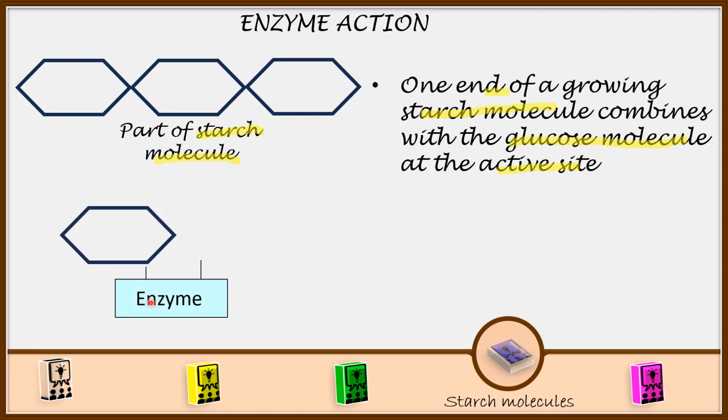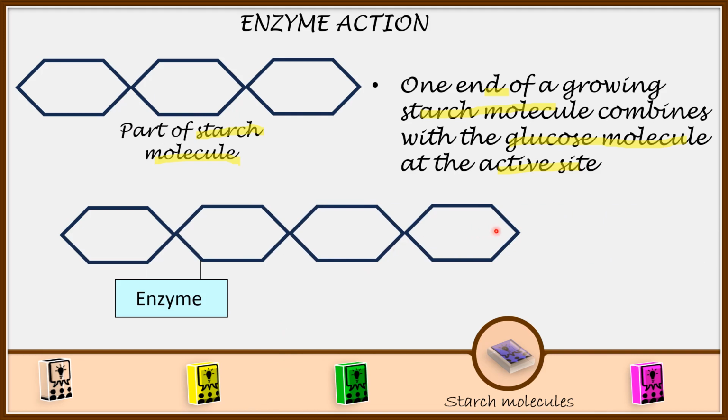Now we have our enzyme, which has already attached to a glucose molecule. We want to add this glucose molecule to this starch molecule. So this starch molecule is going to use one end of it to attach itself to this active site. Then we shall combine and form 4 glucose molecules attached together to form a bigger starch molecule.